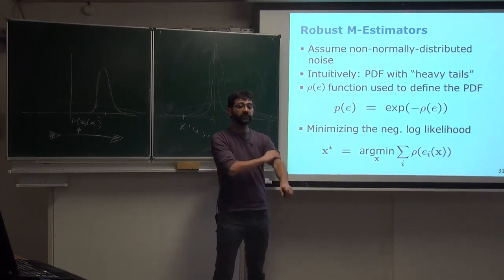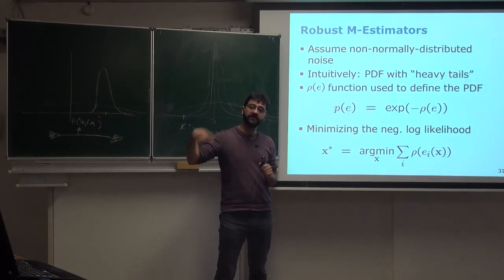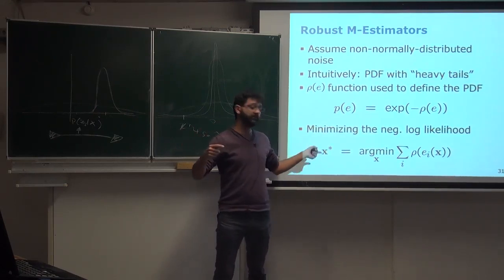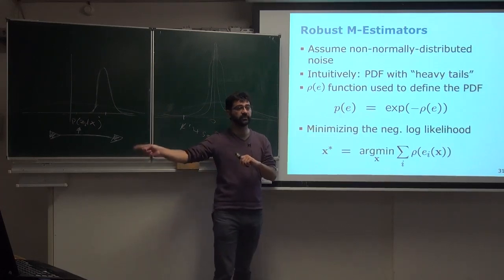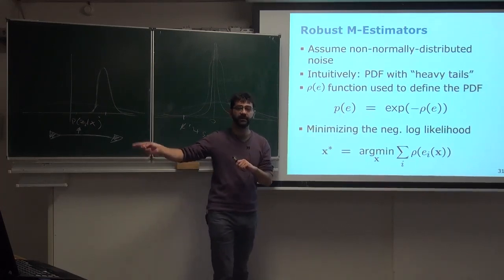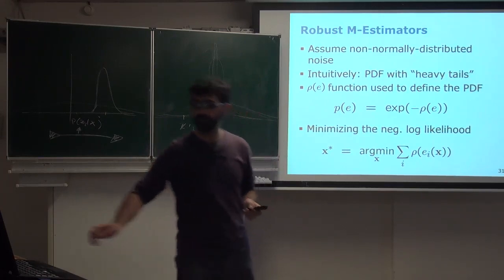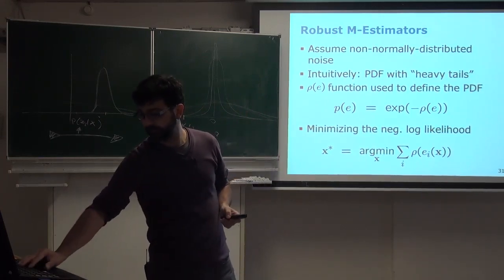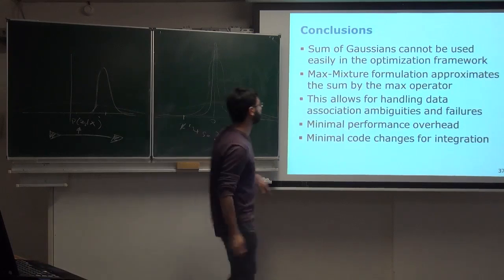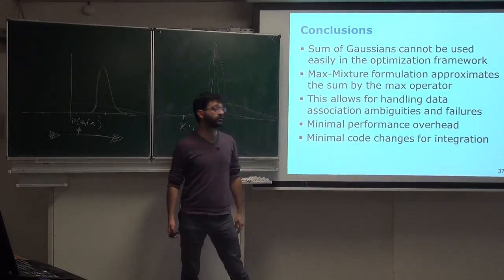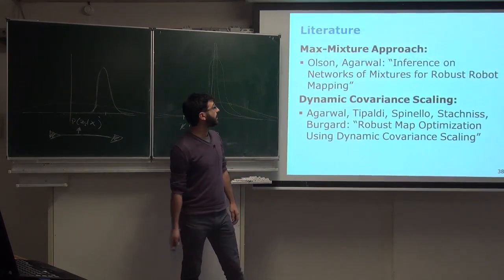So you don't need to rewrite the code of the minimization. Sometimes you can just change the behavior, the cost function, by changing the input that you give to the problem itself. Okay, so that's an interesting thing about M-estimators. That's also what it means for minimal code changes when you have to integrate them.